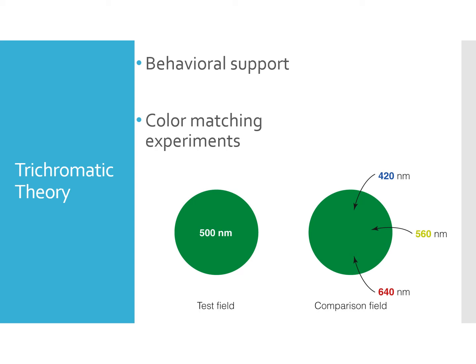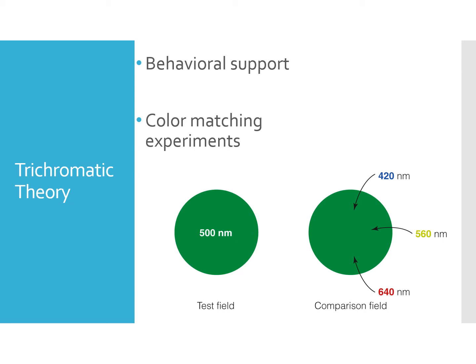There were always some lights that they were not able to match. When they gave them 3 different wavelengths, so in this example, 420, 560, and 640 nanometer lights, they could adjust those 3 lights such that they could match any color or wavelength that was in the test field.